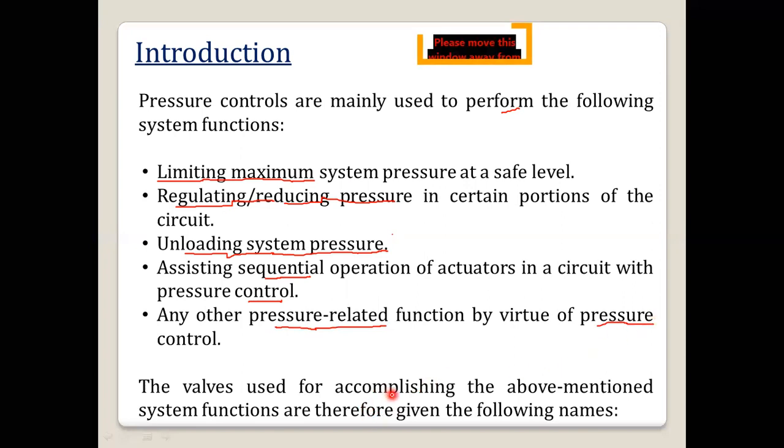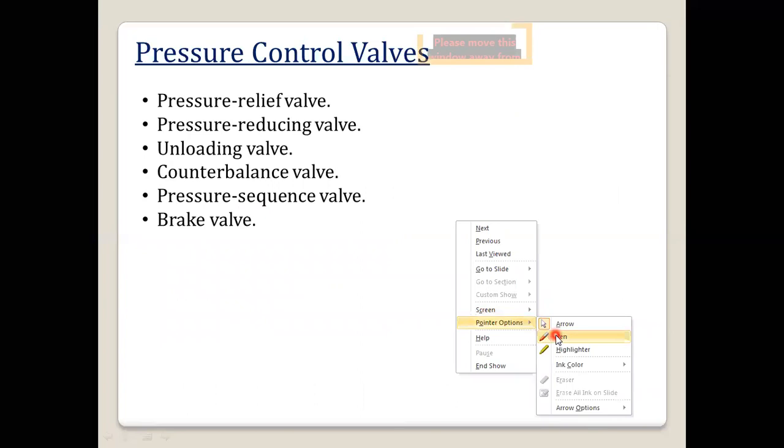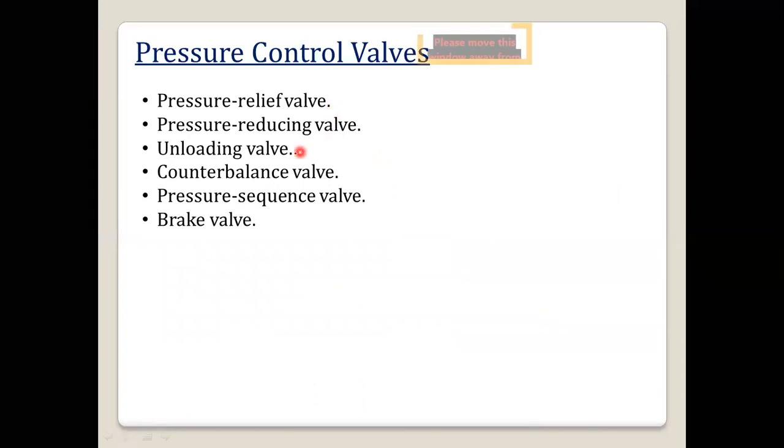The valves which accomplish the above mentioned system functions are named: pressure relief valve, then pressure reducing valve, unloading valve, counterbalance valve, then pressure sequence valve, and the brake valve. So all these six types of valves are pressure control valves.